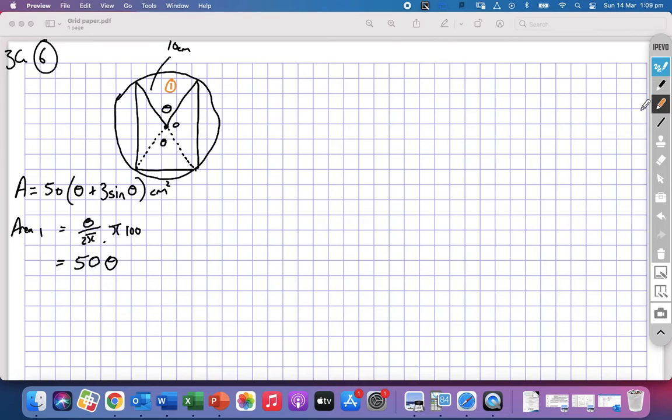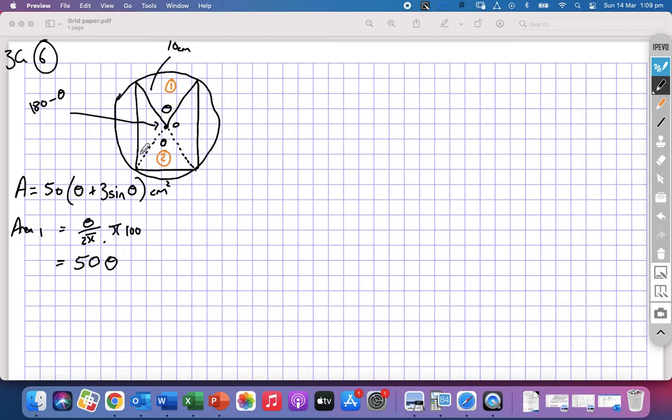Let's call that triangle number 2. Got to be a bit careful because that angle there is not theta, right? That angle there is, can I fit it in? I might have to draw a little arrow. The angle in there is 180 minus theta.